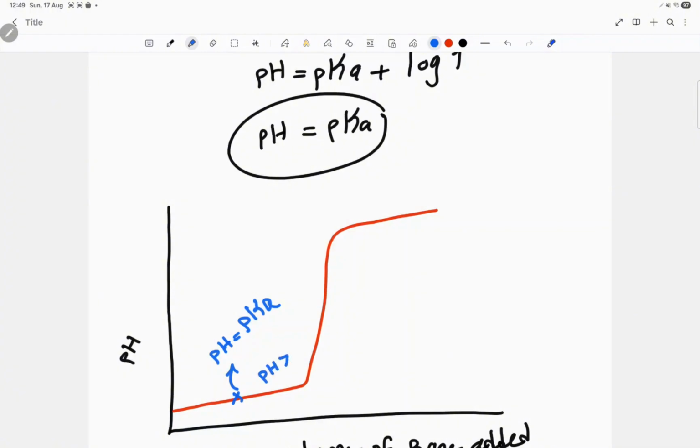To the right, pH is bigger than pKa, and on the left, pH is less than pKa. Okay. Now, in the midpoint of the semi-vertical line, we're going to say the moles of the acid are equal to the moles of the base. They're going to have the same moles as each other. Good? Okay.